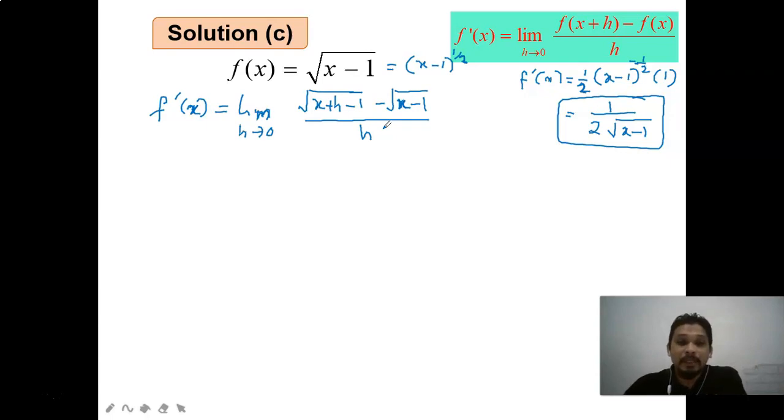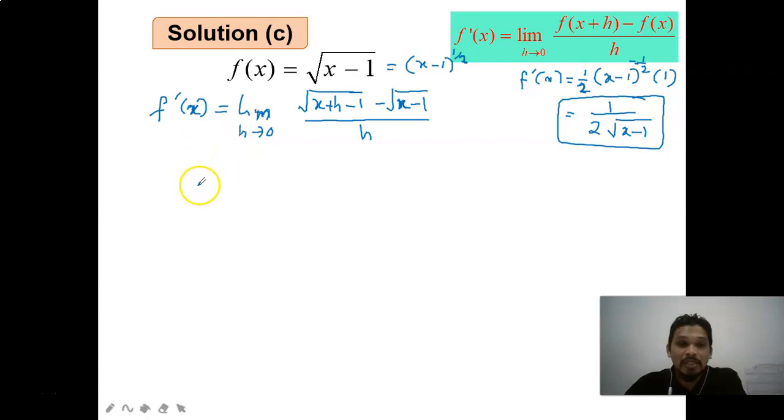Okay, we cannot simply substitute h equal to 0 here, because if h equals 0, the square root of x minus 1 minus the square root of x minus 1 equals 0, and dividing by 0 is meaningless.